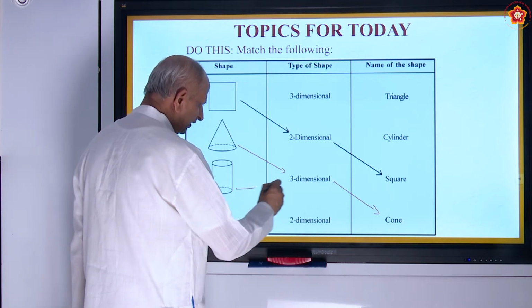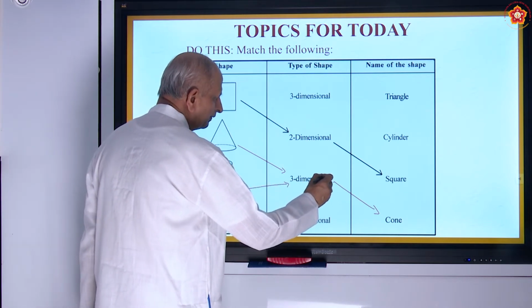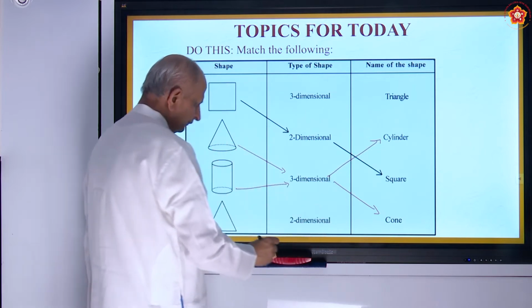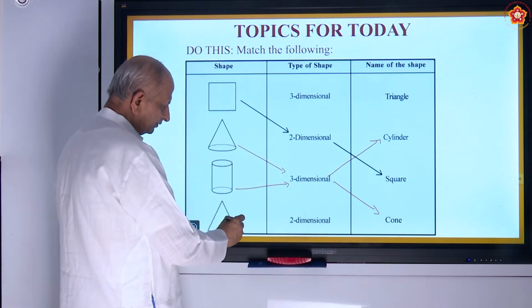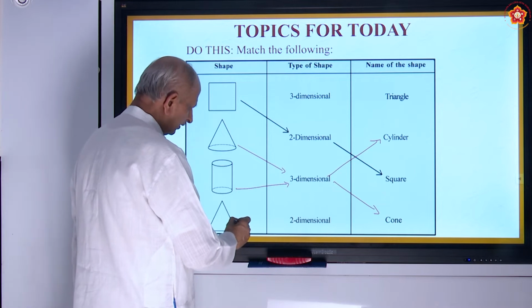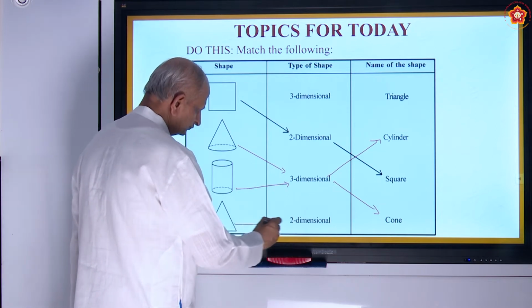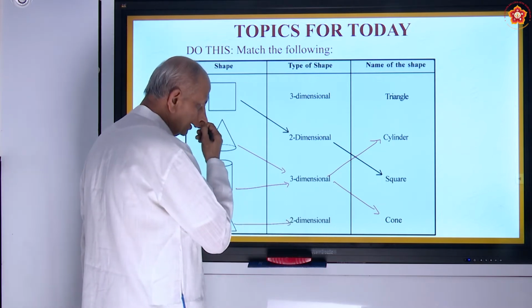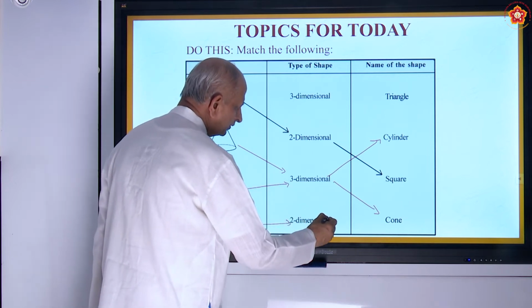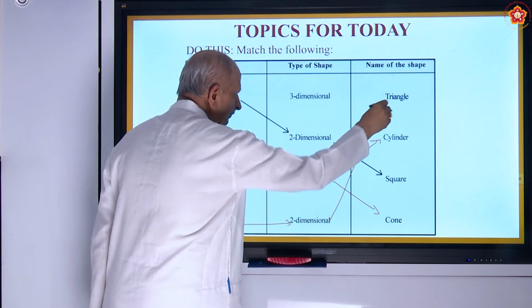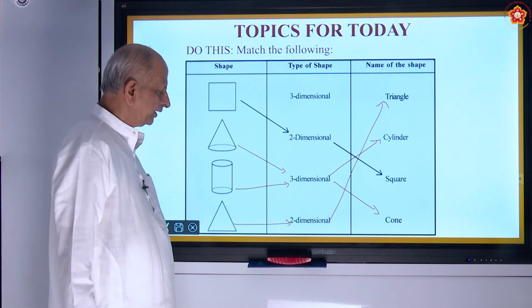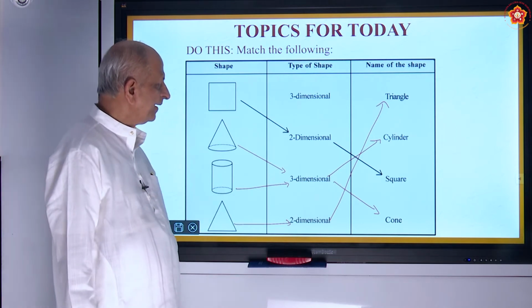Its name is cylinder. And what is this called? Two-dimensional, correct? Two-dimensional, its name is triangle. Okay, so this is how you can match it.